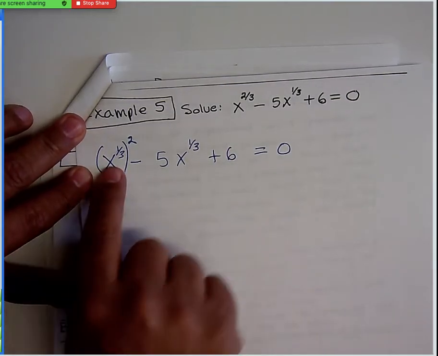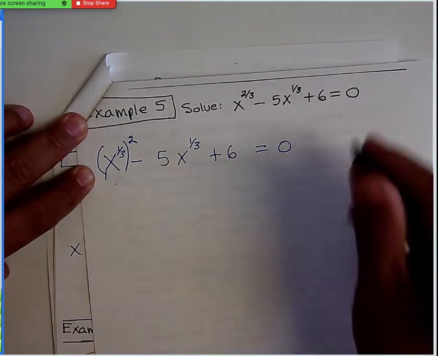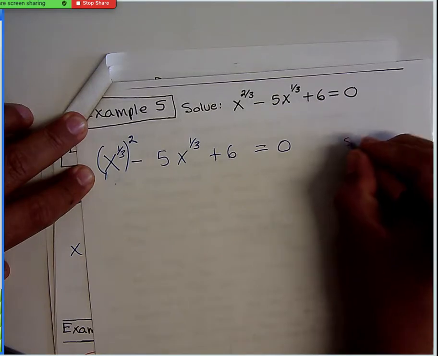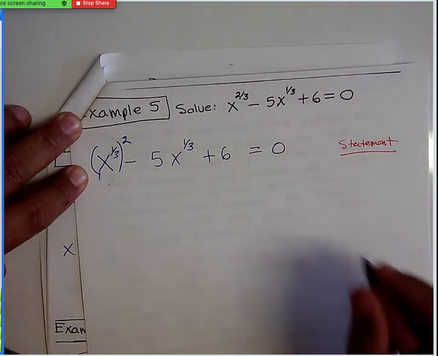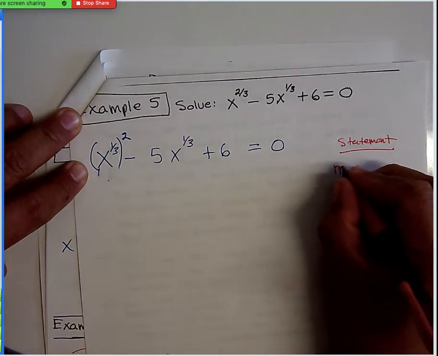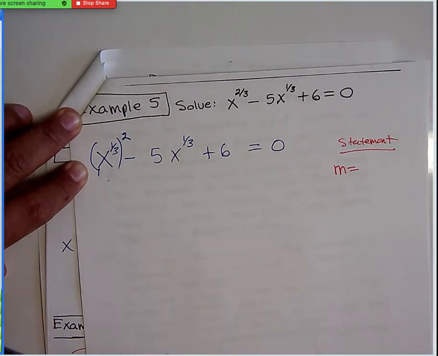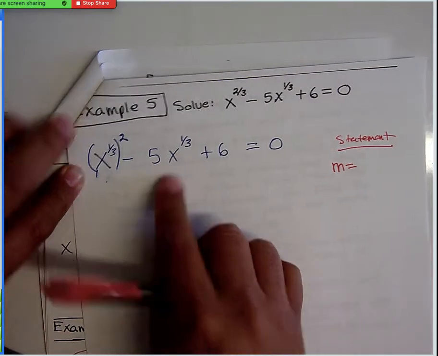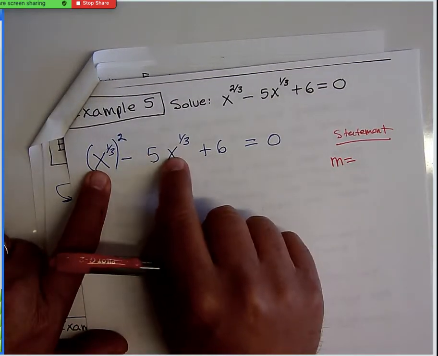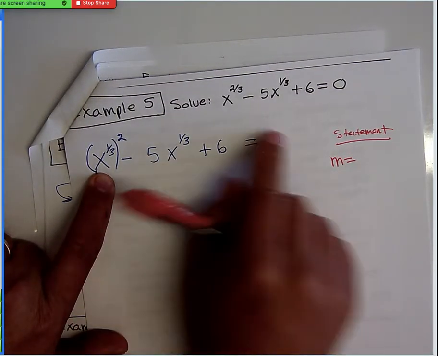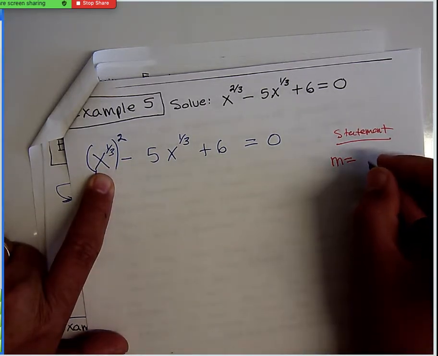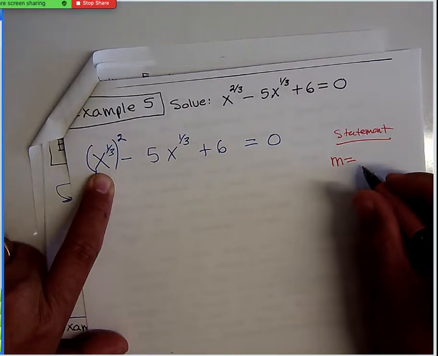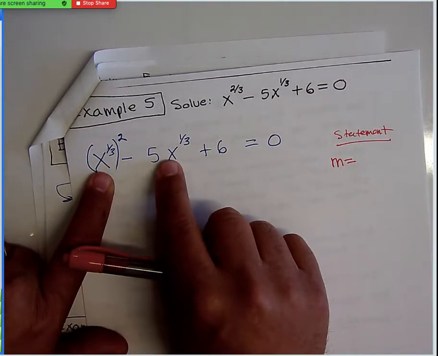So now, if you guys notice, let's make our statements. And this time I'm gonna name it M. So M is equal to what, guys? What can I equal it so that I simplify this quadratic equation? M equals to what, Michael Salcido? So look for something that is the same in this equation.